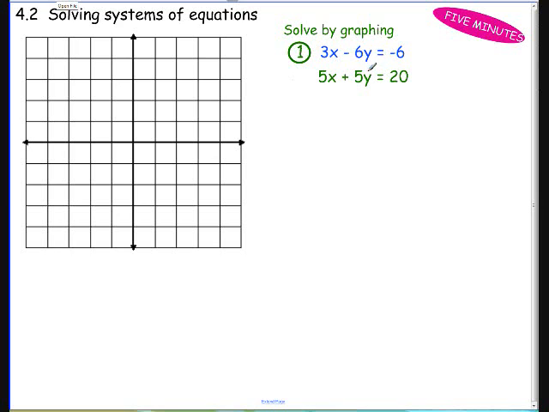Solve by graphing, just a quick review on this, and see how we could do this algebraically, because these are all set up for linear combination. But we'll try doing it by graphing. Just quickly here, I'll go blue first.